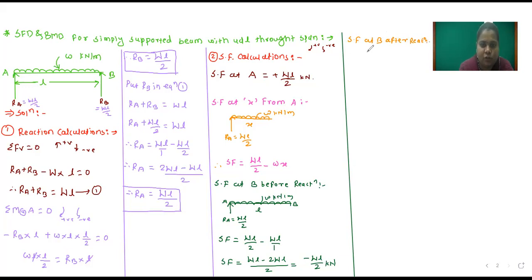That means we have to consider the whole figure. This is W kilonewton per meter, this distance is L, this is WL by 2 and this is WL by 2. So we have to consider all forces here.